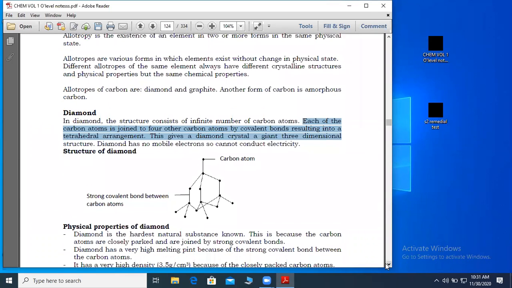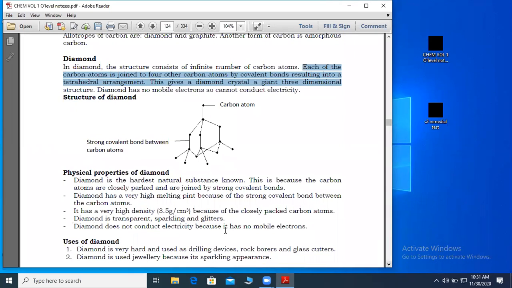Now let us look at physical properties of diamond. It is the hardest natural substance known, and this is because carbon atoms are closely packed and joined by strong covalent bonds. Read this and take note of it. So we may ask you to give a reason why diamond is harder than graphite.